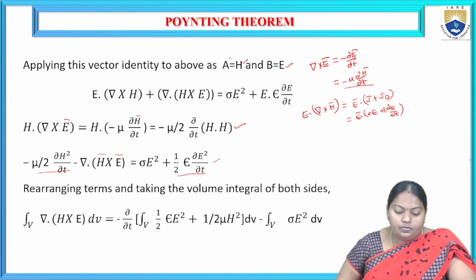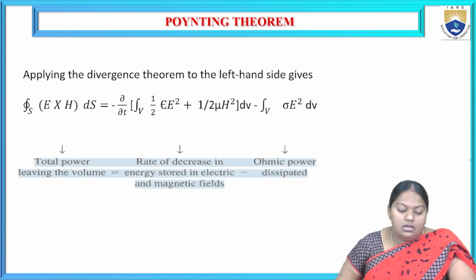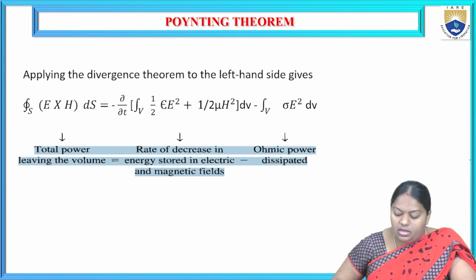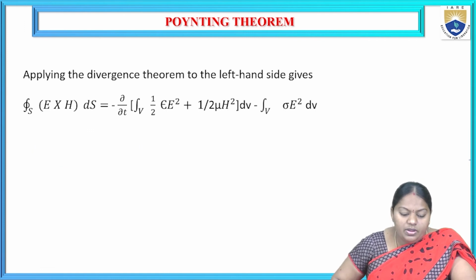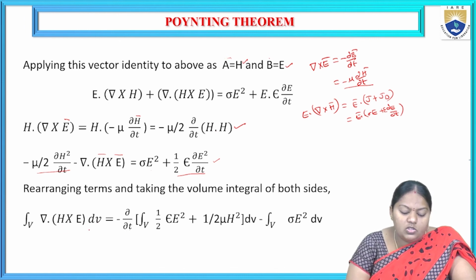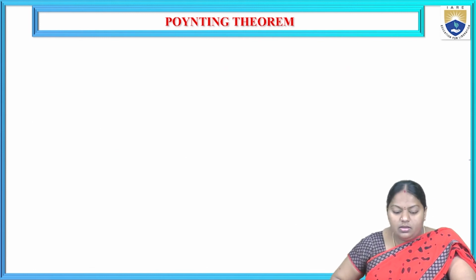Right? So from this, applying the divergence theorem to the left hand side of the above equation. Previously, in the LHS part we have integral V del dot (H bar cross E bar) dV. So what does the divergence theorem say?